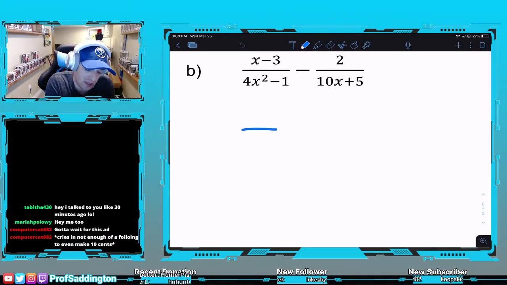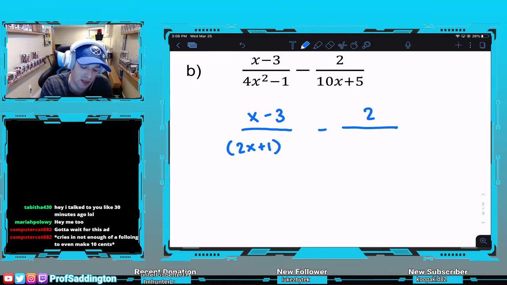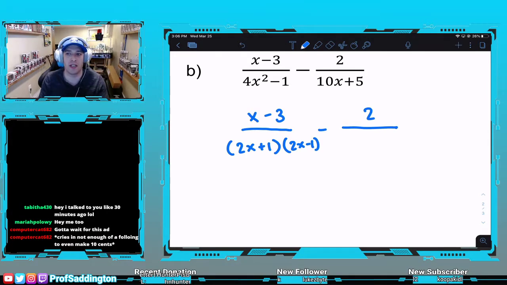The numerators right now are going to stay the same, but we're going to factor the bottoms. So that 4x squared minus 1 can be factored using dots. I could split this up as 2x plus 1 and 2x minus 1. So that's going to be your first denominator.